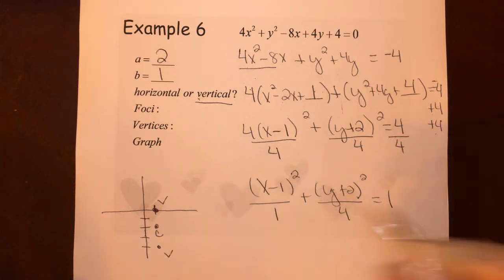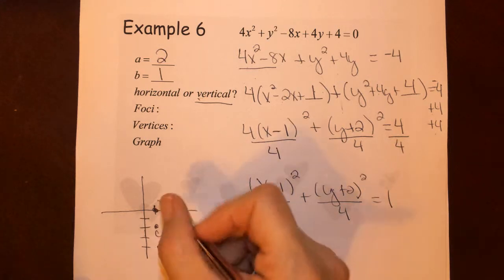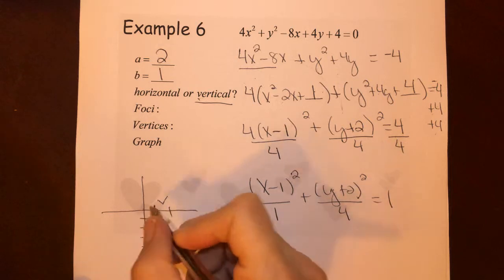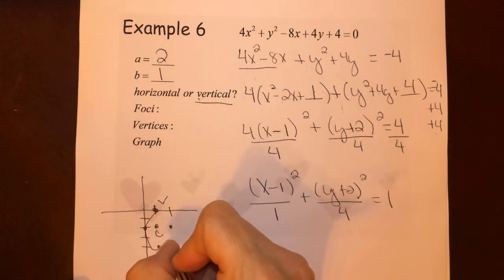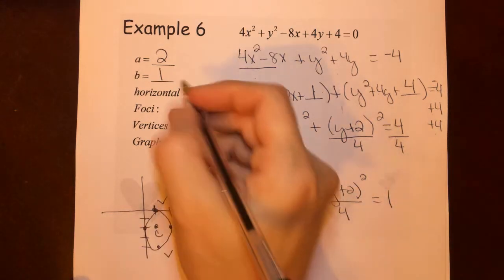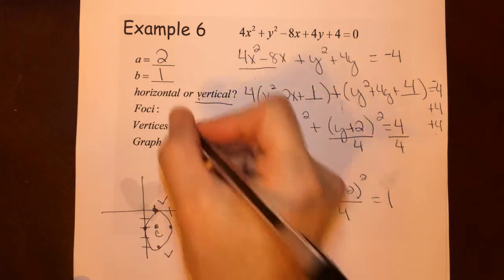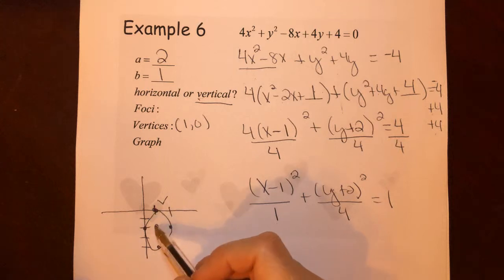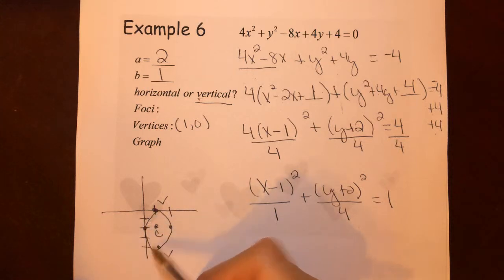There's my second vertex. I'm going to go right 1 from the center, and left 1 from the center. So my vertices were 1, 0, and 1, negative 4.